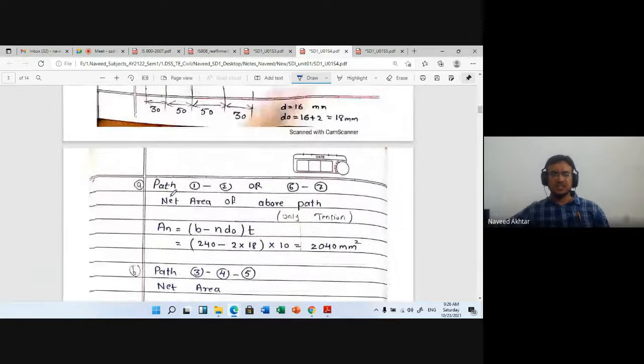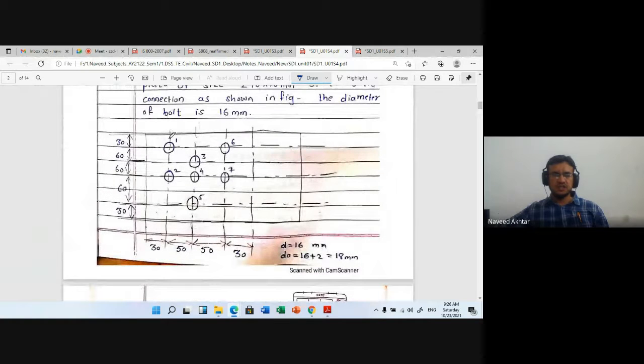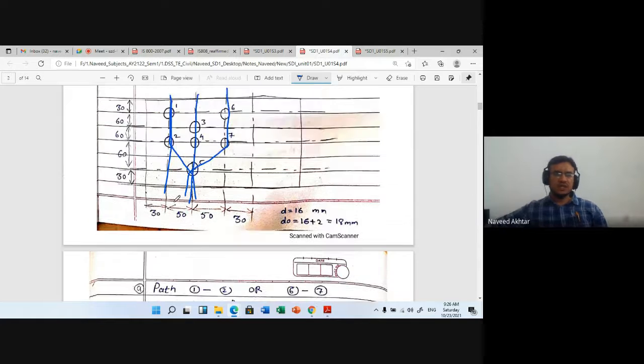In this case, we have suggested 1 to 2 is one path, 1 to 2 to 5 another path, 2, 3, 4, 5, 6 one path, and again 6, 7 and 5 another path. On these three paths failure may occur, and 6 to 7.